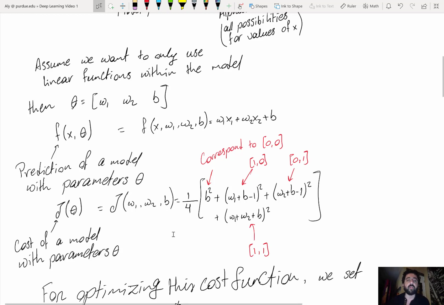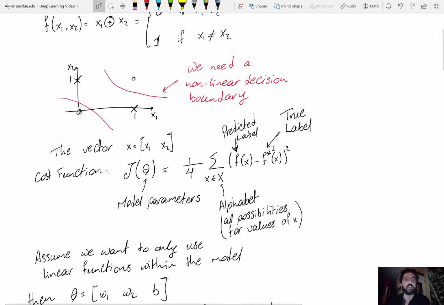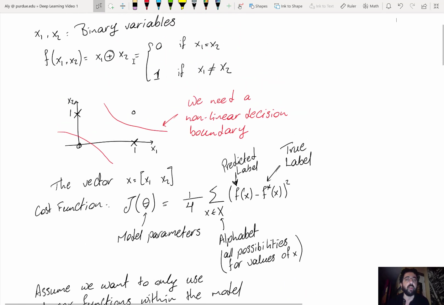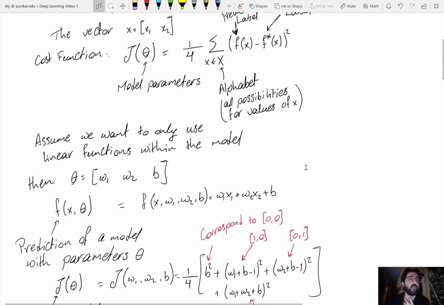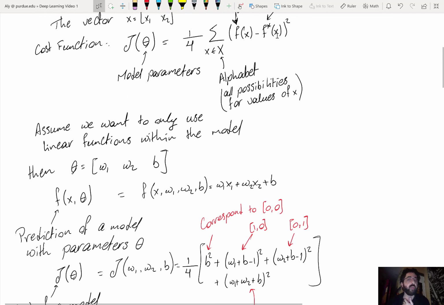And the J corresponding to theta, so the cost function corresponding to a model with parameters theta, is equal to 1 over 4, and then corresponding to 0 0, f star of 0 0 equals 0, right? So f star is the true label of 0 0. x1 equals x2, so the output should be 0. So f star of 0 0 equals 0. f of 0 0 equals b. If I square that, I get b squared.